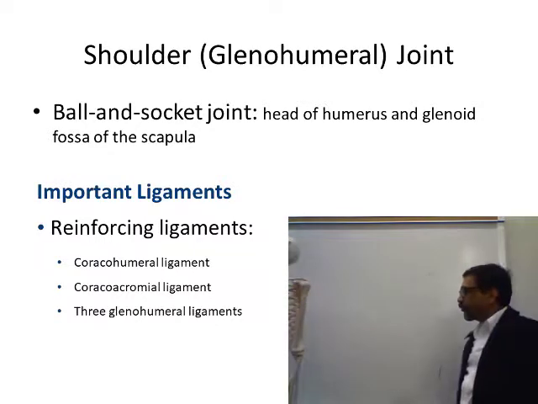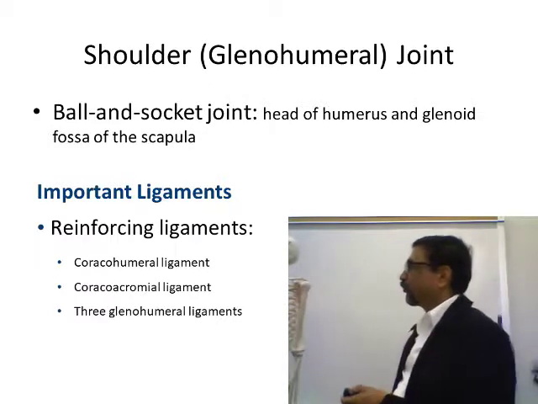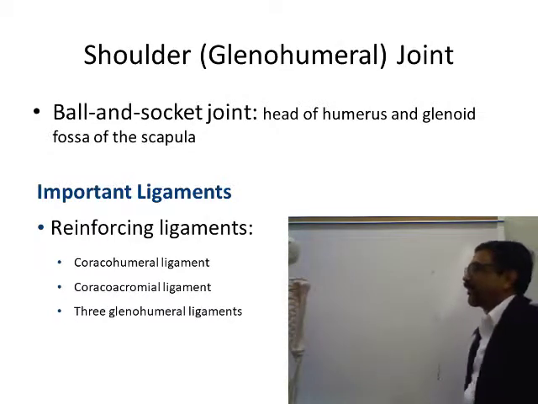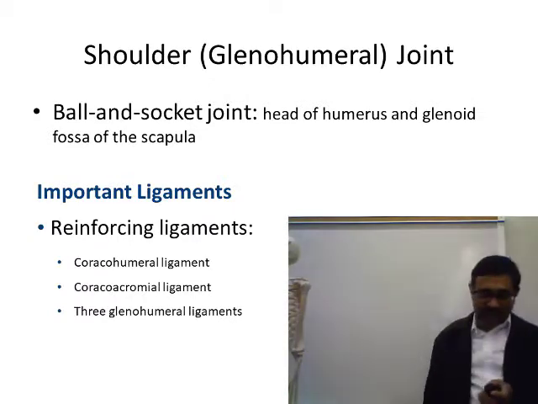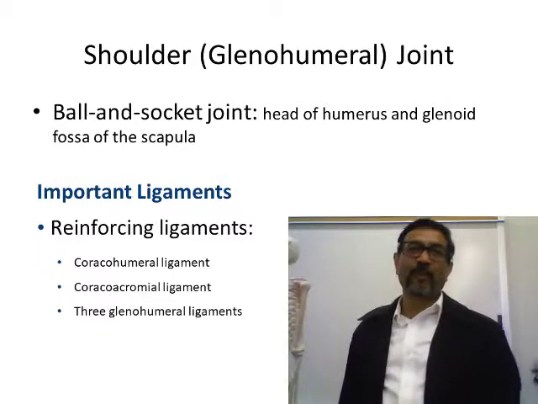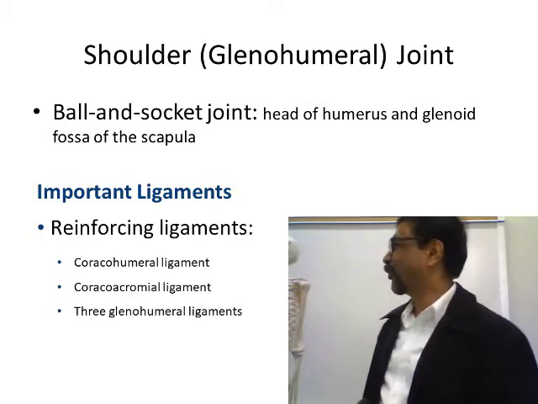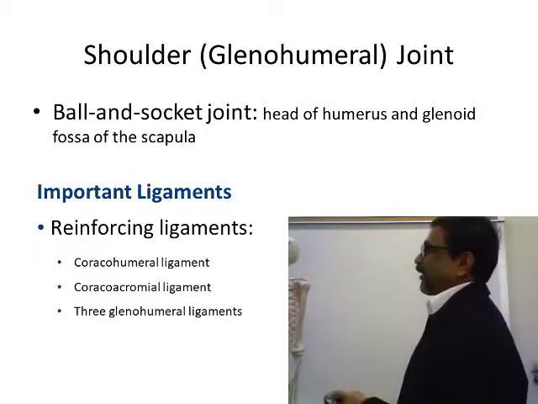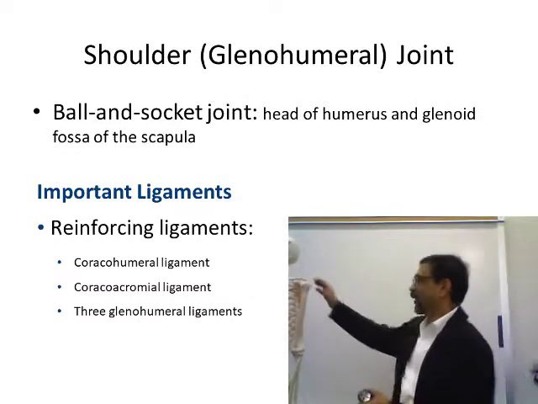Now, there are ligaments around this joint. The names are easy to remember if you know the parts of the bones. Coracohumeral, I'm sure you already know.